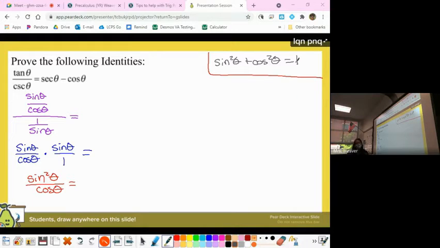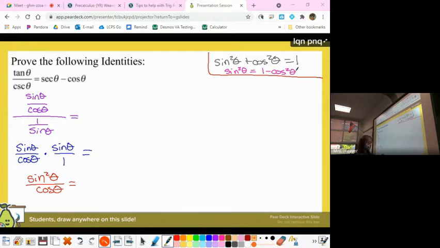That's the term we have by itself. So can you algebraically manipulate this to see what sine squared theta is equal to? Some of you can just do that in your head, but we can also write it out. If I subtract the cosine squared theta from both sides to get sine squared theta by itself, that'll be sine squared theta equals 1 minus cosine squared theta.